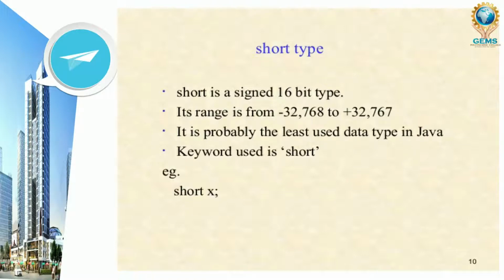Least used means not used many times, rarely; least preference is given to the short type. The keyword used is short. Example: short x, short y, short a, short b. Like that you declare short variables.